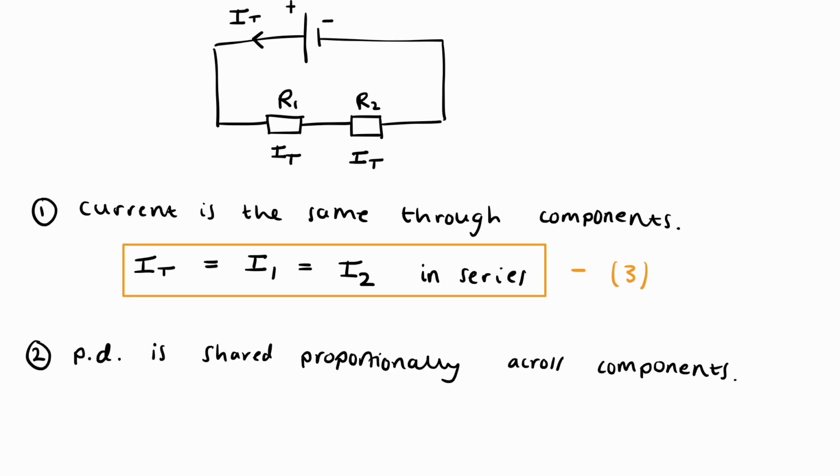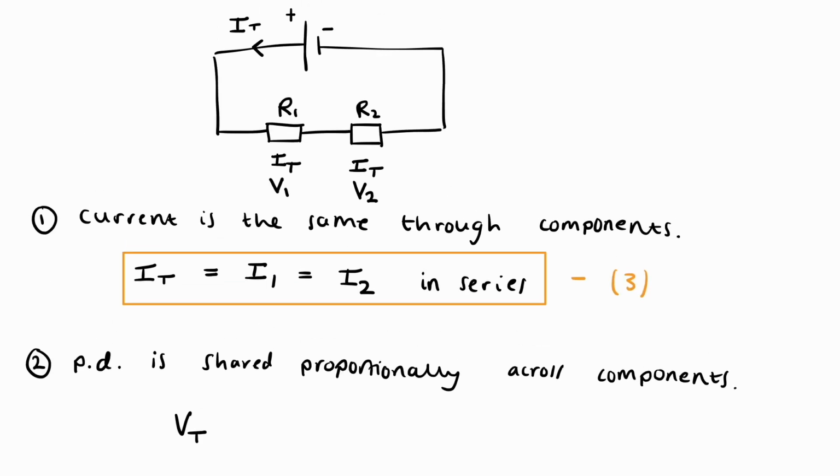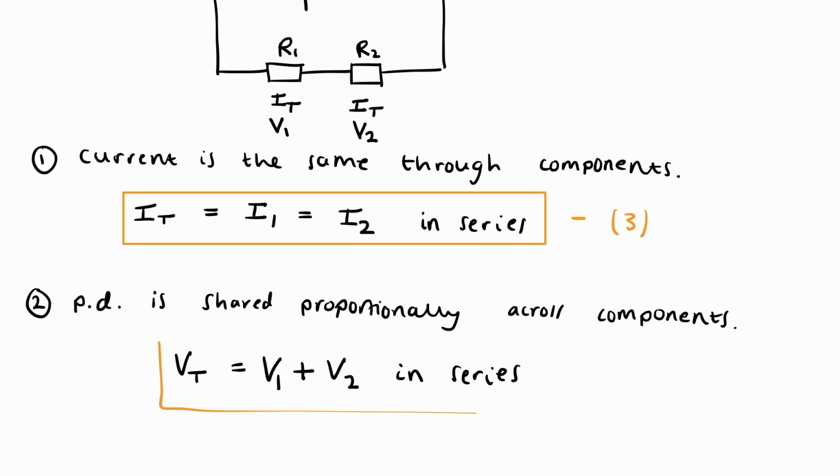So this means that R1 has its own potential difference V1 and R2 has its own potential difference V2. Mathematically, we can say that the total potential difference supplied by the battery is equal to the potential difference across resistor 1 plus the potential difference across resistor 2. And this is in series. Now we're going to come back and use these formulas a lot in later videos.